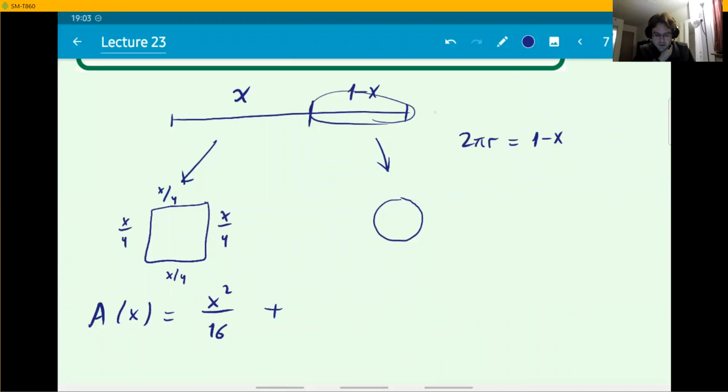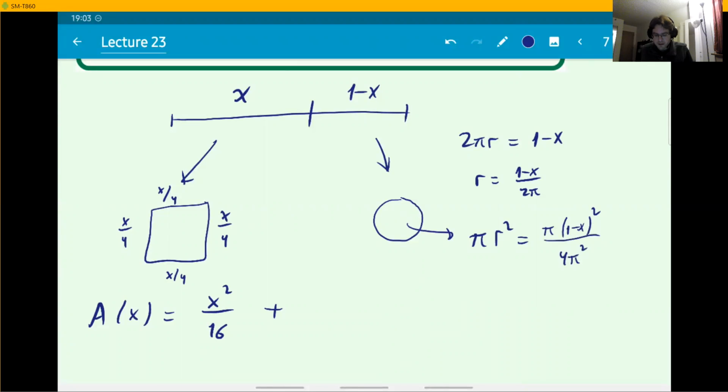That was the piece of wire that you had in order to form a circle with it. That's the circumference. So you can find the radius from there, (1 minus x) divided by 2 pi. And then the area of that circle is pi times r squared. That would be pi times (1 minus x) squared divided by 4 pi squared, which becomes (1 minus x) squared divided by 4 pi. Okay, that's the area of the circle.